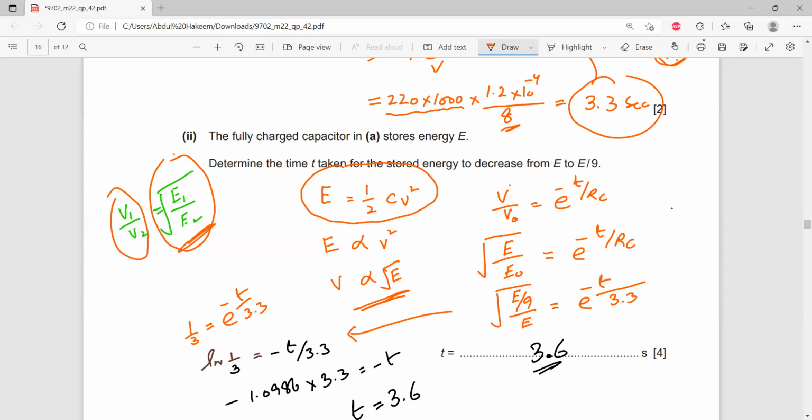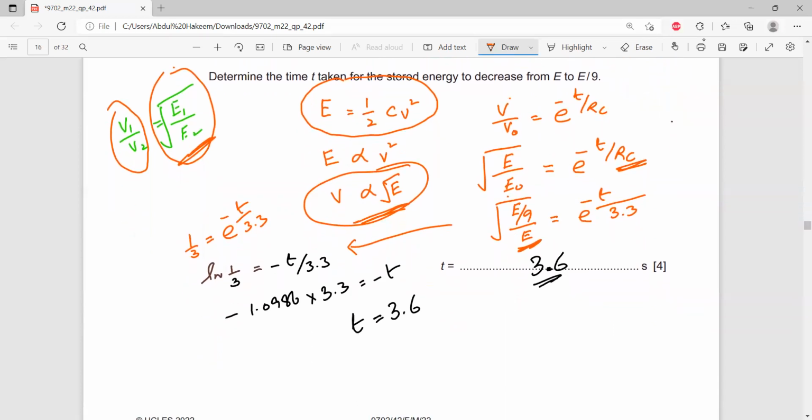The original energy is E, and after some time t, the energy remaining is E/9. So the square root of e to the power minus t over, and the time constant we have calculated here is 3.3. E cancels. The square root of 1/9 is 1/3. So 1/3 equals e to the power minus t over 3.3.